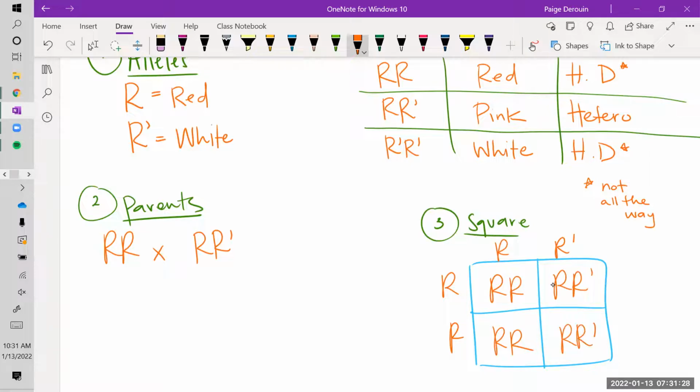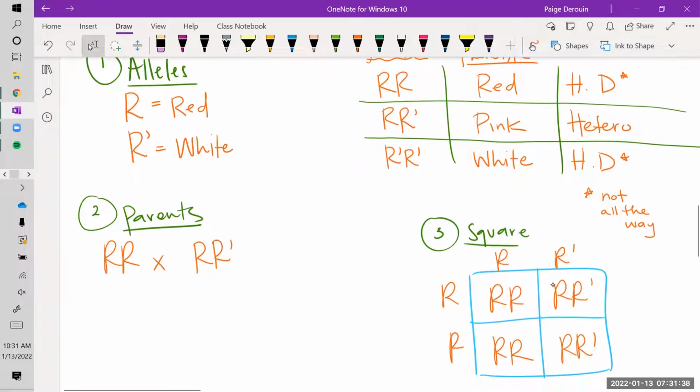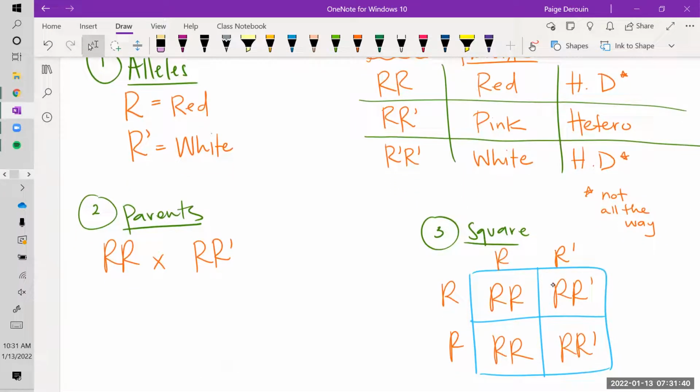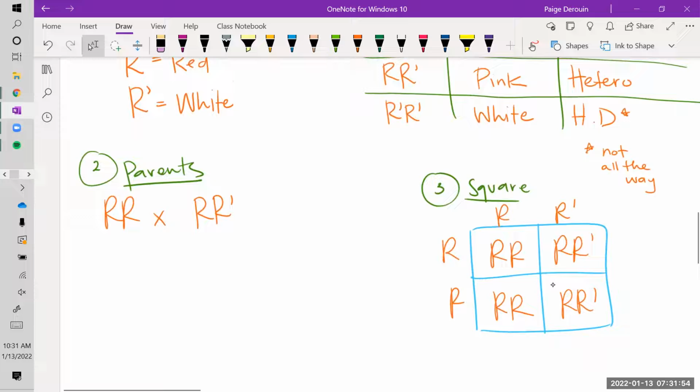So either of them could be not all the way, and it doesn't matter which. And that's why I started both, because no matter which one it is, you're going to get the same result. All right. And then the question said, what percent of the offspring are red? 50.